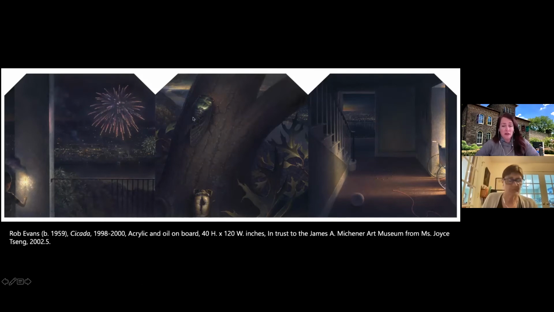So what I kind of hear you saying is it's the life cycle of this cicada that he's showing in this panel. And I do know from reading that this was the first panel that he made in this sequence.